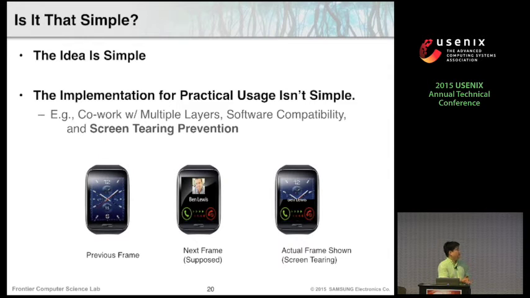However, when we tried to implement this for actual commercial devices, there were other problems. These are kind of administrative, non-technical problems, like how to co-work with multiple departments, multiple layers, and even different companies. We needed to keep the software compatibility so that we don't need to rewrite or rebuild any applications.